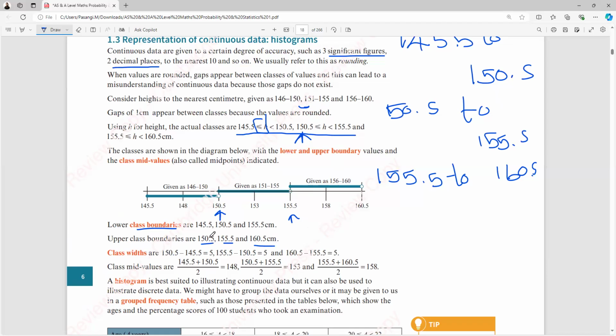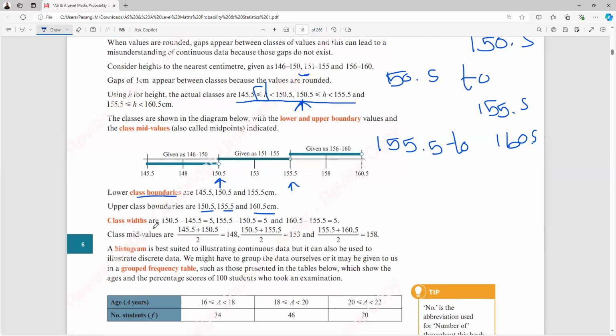What about the class width? To find the class width, we need to subtract the lower class boundary from the upper class boundary: 150.5 minus 145.5, which gives 5. Likewise, we subtract the lower boundary from the upper boundary.